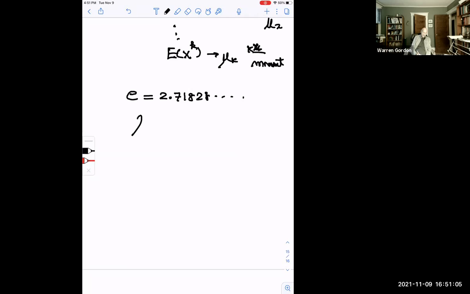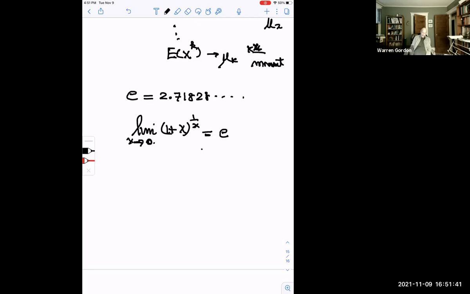Its formal definition, remember from calculus, is a limit. This was the definition of the number e, or one definition of e.